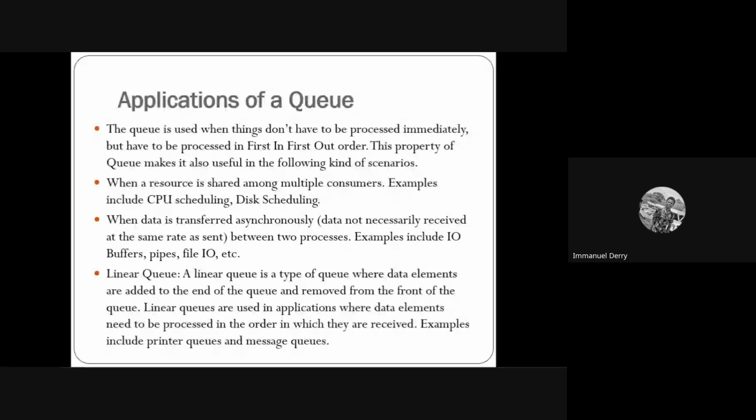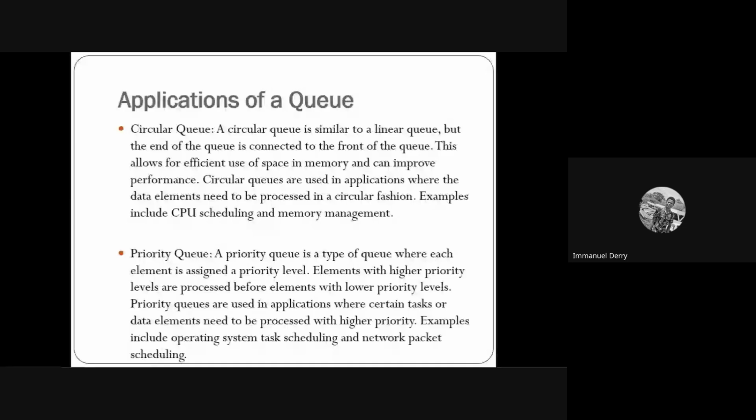And then also we have the circular queue, or we learned about the circular queue, which is quite similar to the linear queue, but the end of that particular circular queue is connected to the front as well. And then it allows for efficient use of space, memory, and can improve performance. So some of the applications are where the data elements need to be processed in a circular fashion.